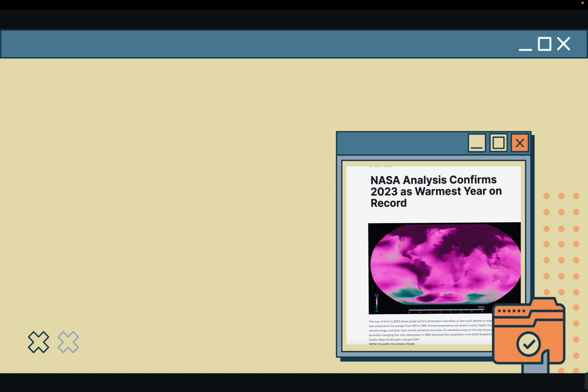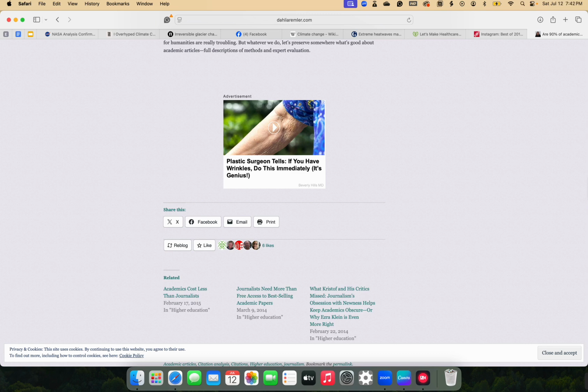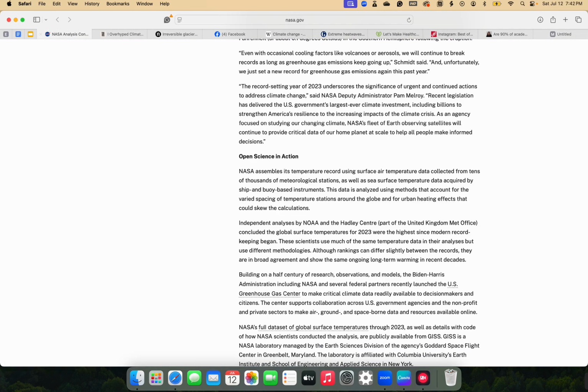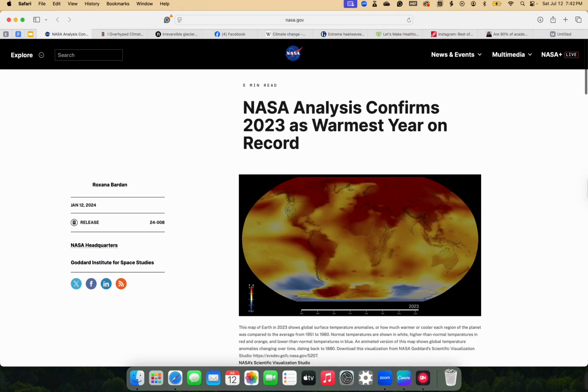Now we will go over each source. First is the NASA Climate Change Report from 2023. When we go over the source for currency, it was released in 2024, so it does have the most recent information.